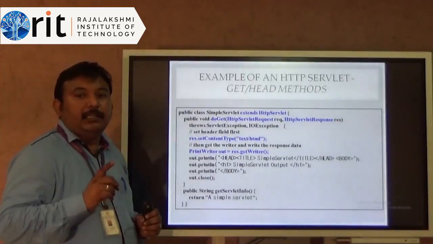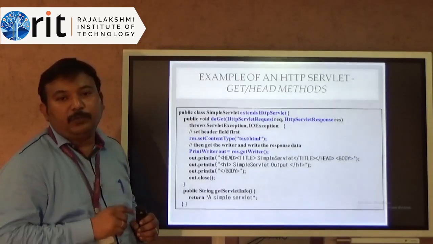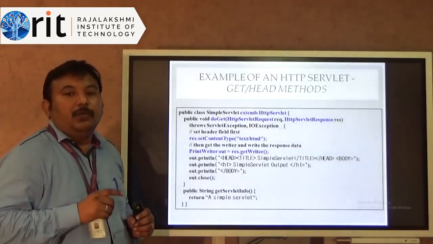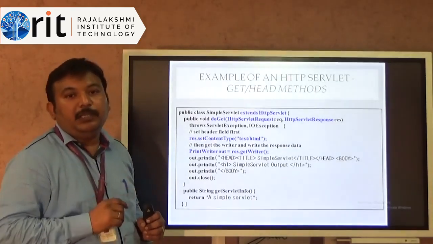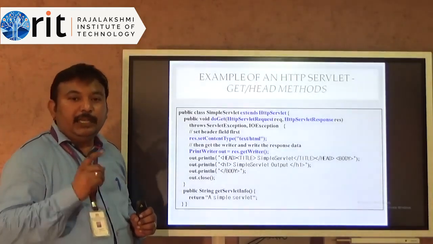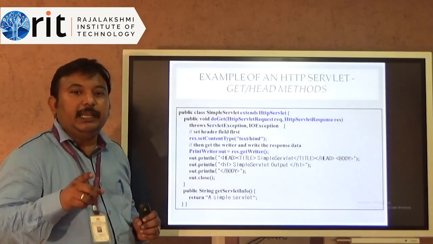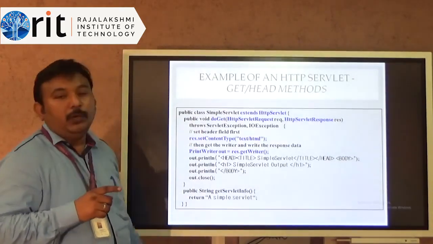An important thing which you have to note down is what the client's request is. If the client requests in the form of the get method, then you have to write the response in doGet.